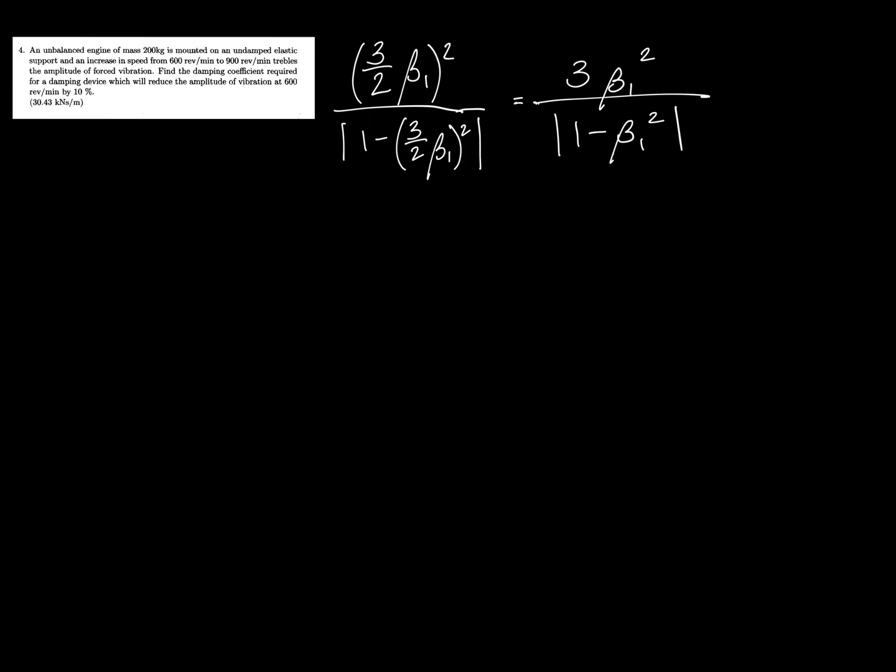I've rewritten from where we left off on our last slide, and I've also substituted beta 2 equals 3 over 2 beta 1. Hence, my equation is all in terms of beta 1 over here. The next few steps are all just more algebra, so I'll go a little bit faster.